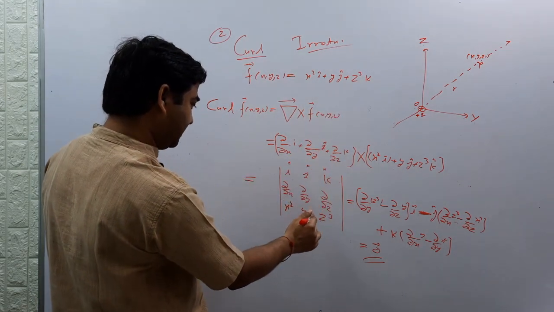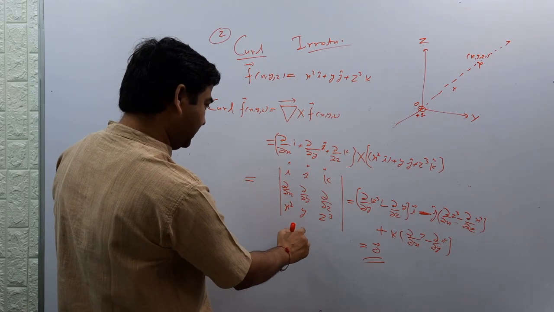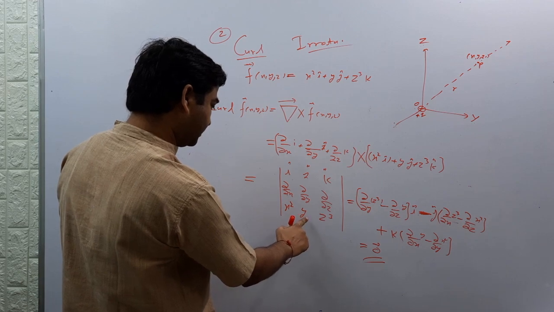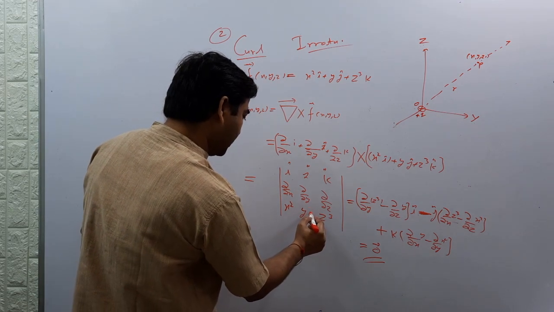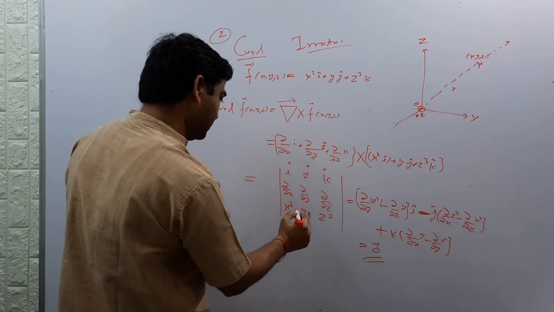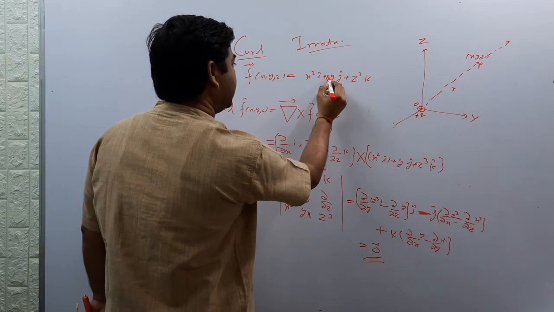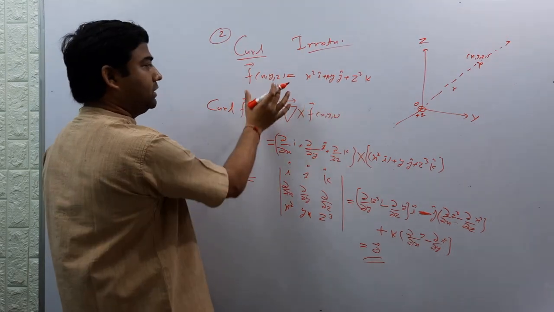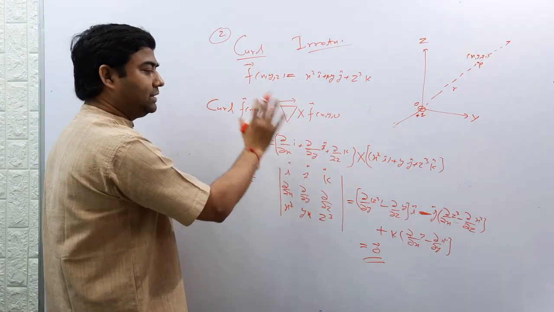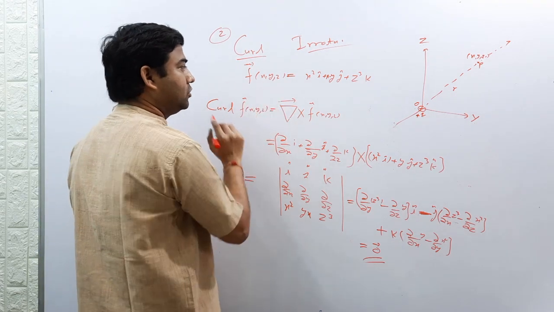So for example, we are changing it. Let this field be xy, just xy. We found a new field and we are finding curl for the new field f(x, y, z).